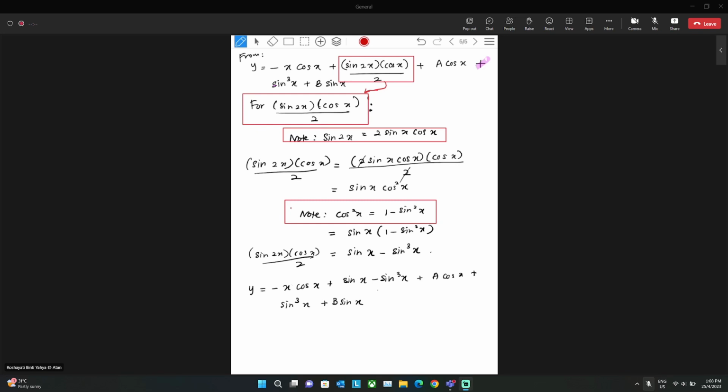So in this case, sin cube we can cancel out to become negative x cos x plus sin x. Sin x here we just copy it for this x cos x, and then we can find another sin x here, attached with b, so sin x multiply 1 plus b, plus a cos x.